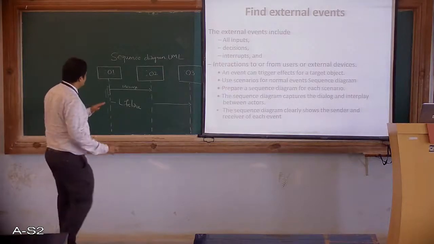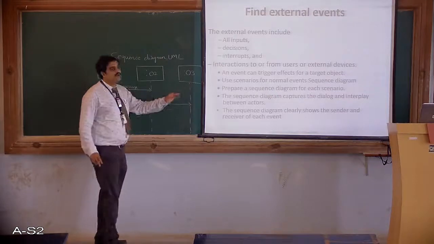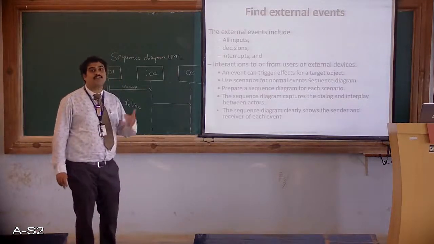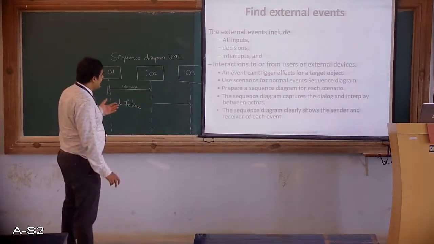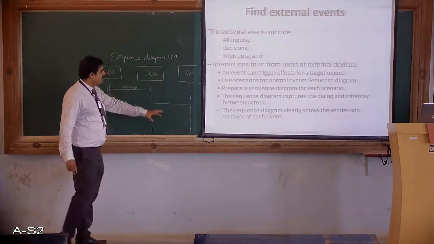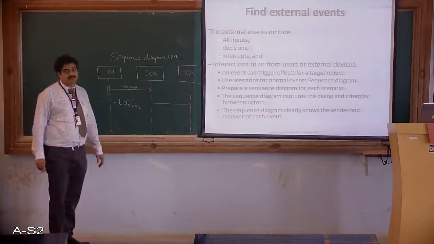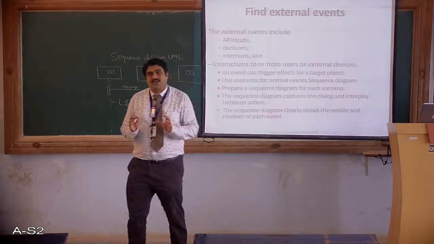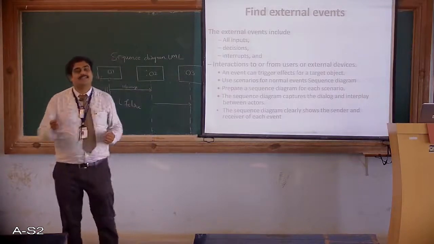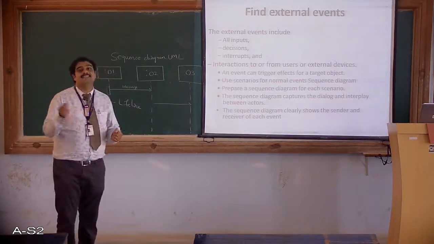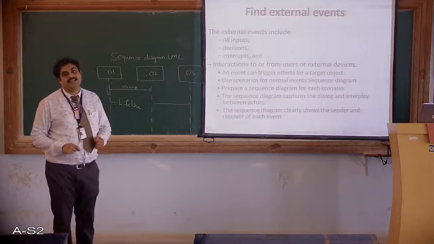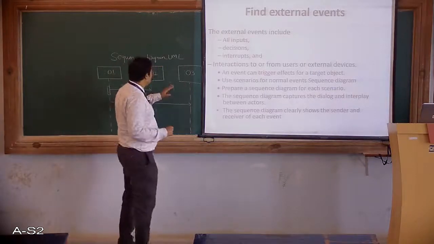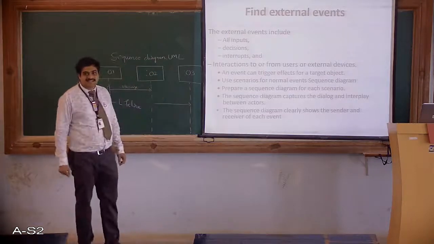Success means it may go to the next part of your execution. If there is a failure, then what is it going to do? That can be clearly represented using this sequence diagram. There may also be a system for which some external entities are connected, and those events can be represented with this sequence diagram.